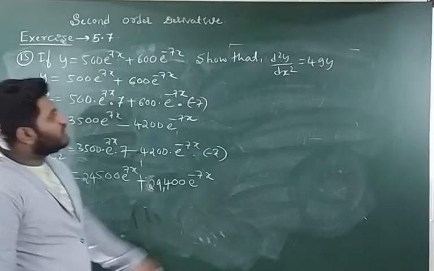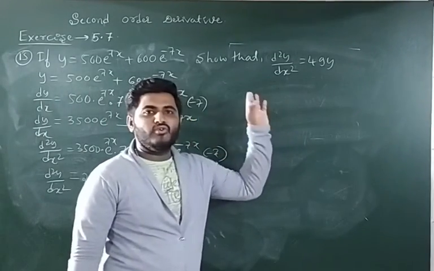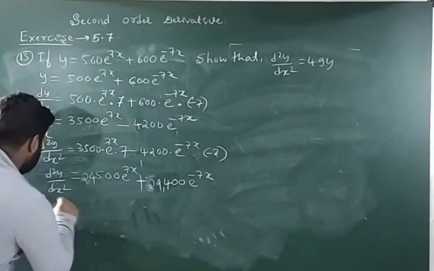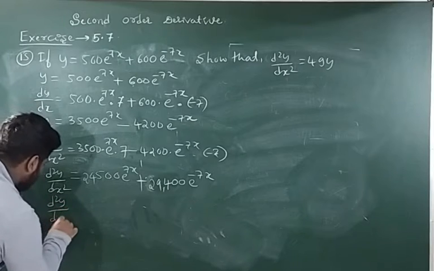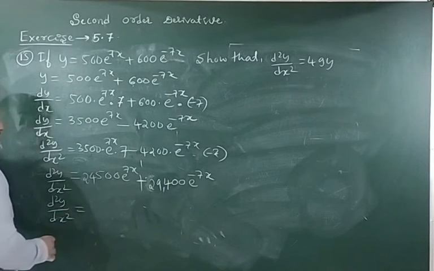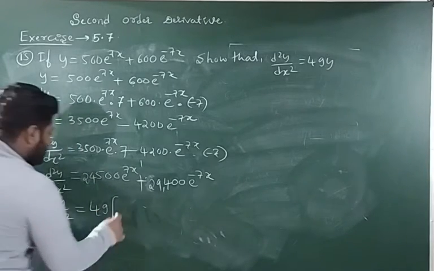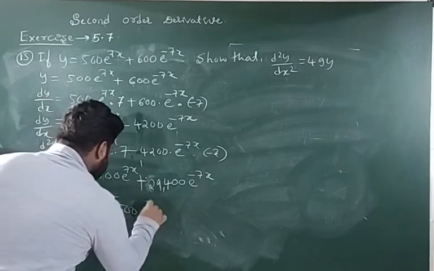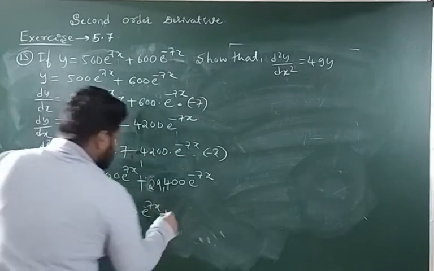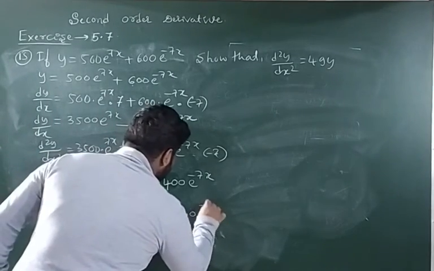So what we have to show is that d square y by dx square is equal to 49y. If you take out a common 49, what are we left with? We are left with 500 e raised to 7x plus 600 e raised to minus 7x.